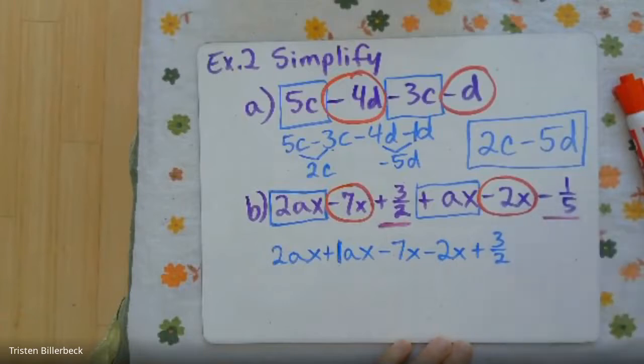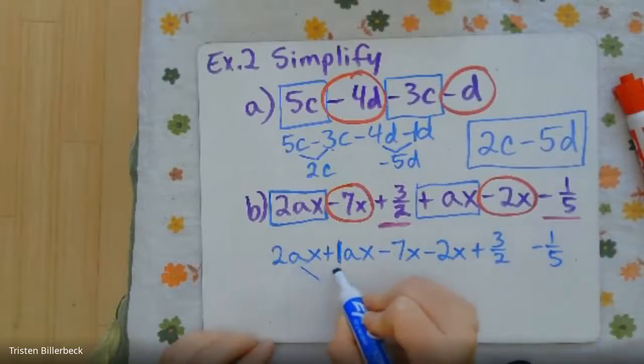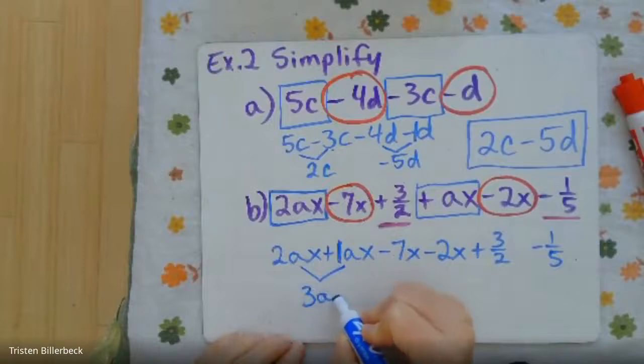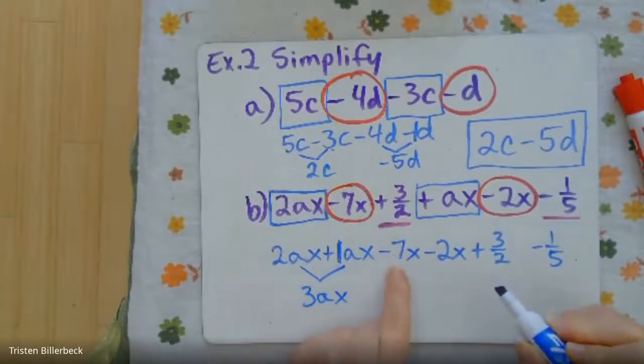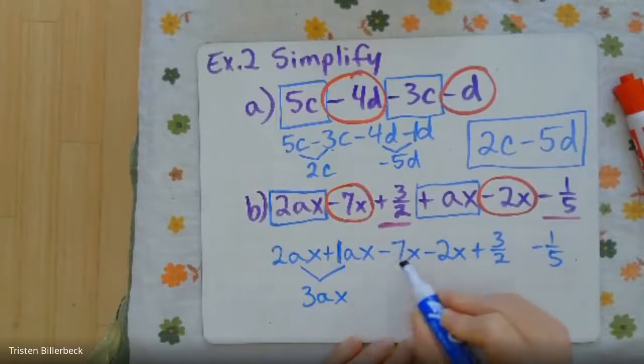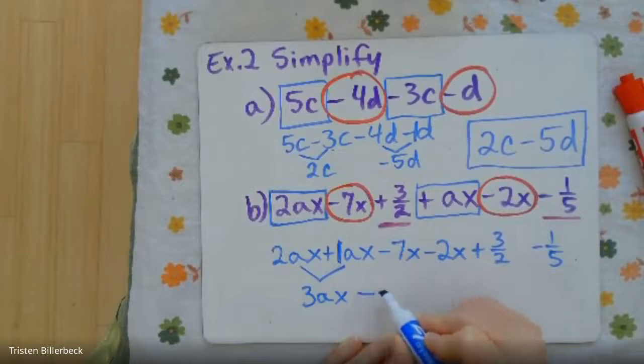I'm going to make some room here because we're going to have to do some like denominators. When we combine these, we have 2 plus 1 is 3ax, and negative 7 minus 2, same sign sum, so 7 plus 2 is 9, and they're both negative. So this one is going to be negative 9x.